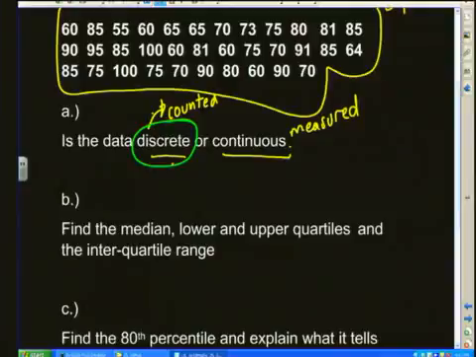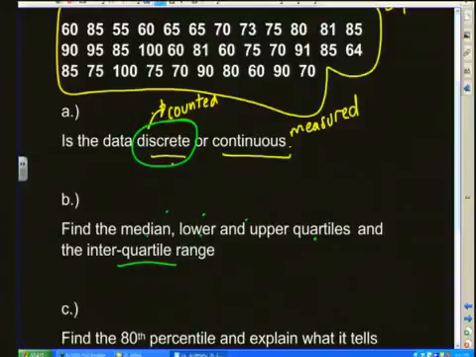All right? Part B, find the median, the lower and upper quartiles, and the interquartile range. Okay, before we can answer part B, the first thing you will need to do is take your 34 marks and order them.